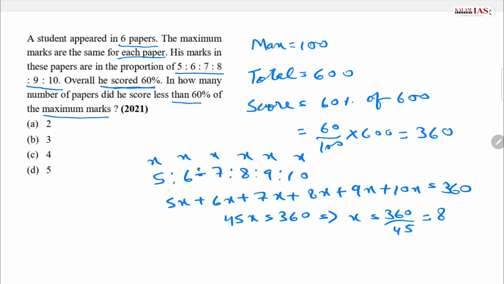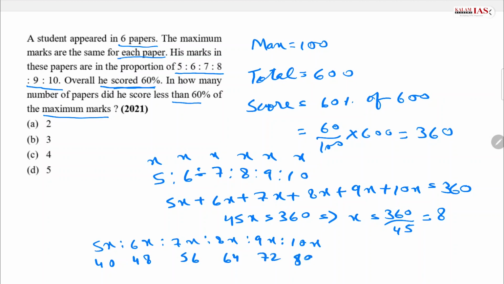Now substituting the value of x in each of these values, 5x, 6x, 7x, 8x, 9x, 10x, we get 40, 48, 56, 64, 72 and 80.